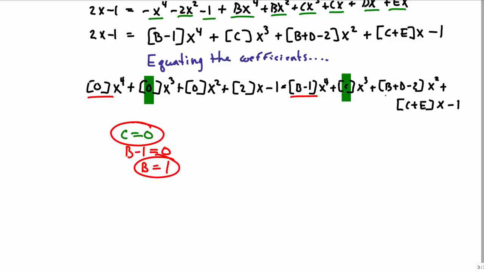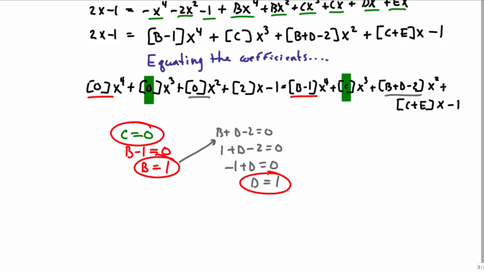Let's look at our squareds. My squareds would be b plus d minus 2 is equal to 0. But I do know what b is. So b is equal to 1. So 1 plus d minus 2 equals 0. 1 minus 2 is negative 1. Add that 1 across and I get d equal 1. So there's another solution.